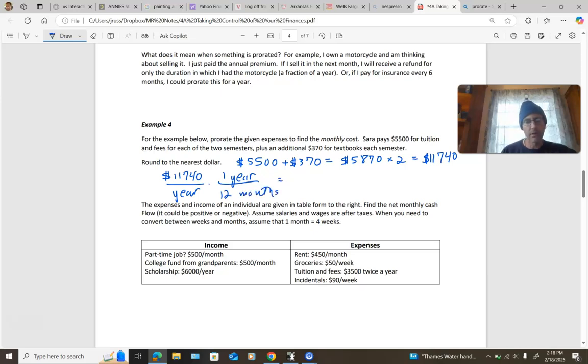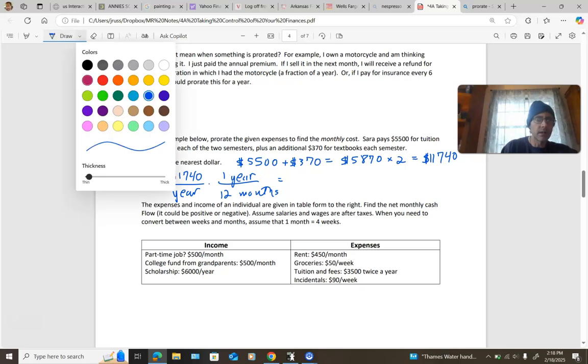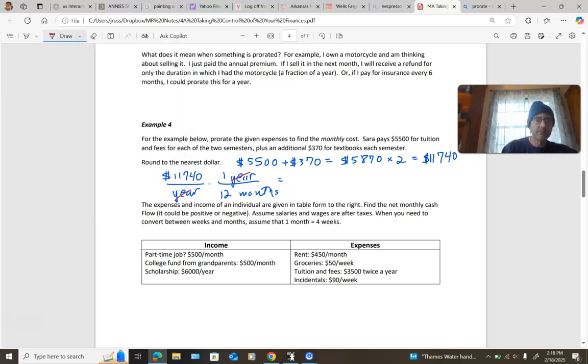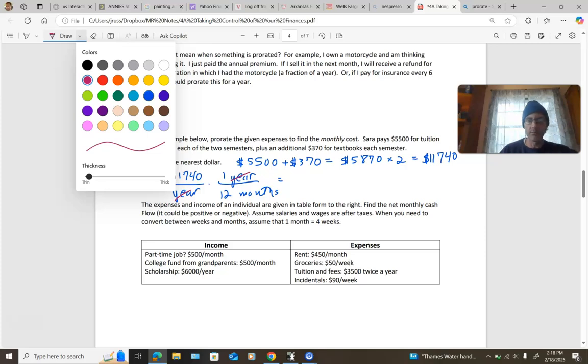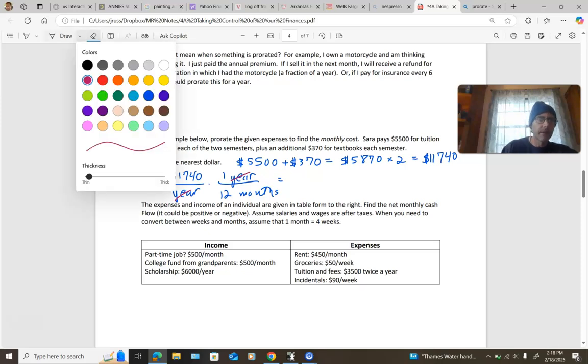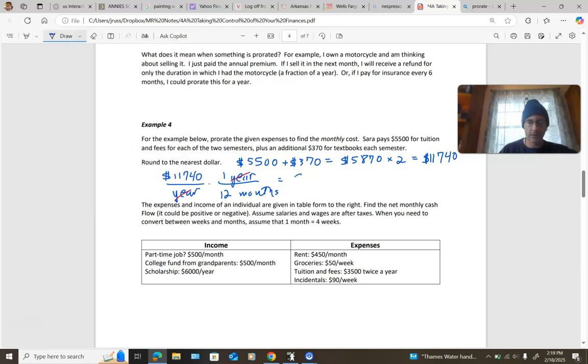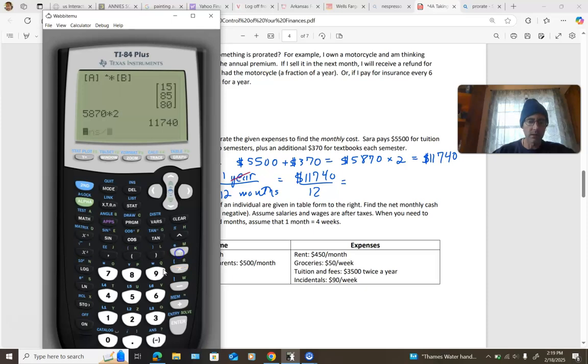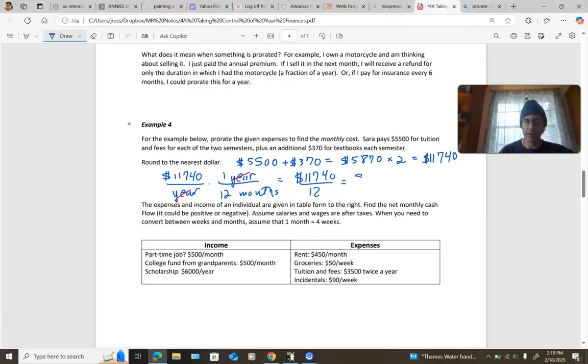So our unit of time, years, will divide out, and we're going to end up dividing that sum by 12. That'll give us dollars per month, and then we'll round it. To the nearest dollar, this would round to $978 per month.